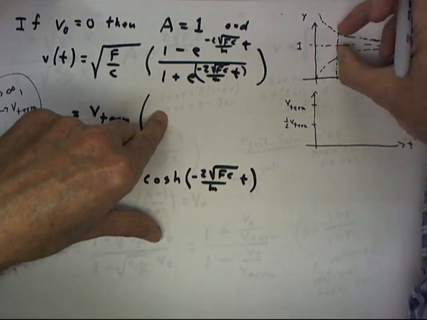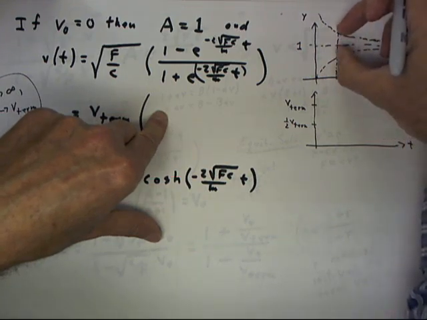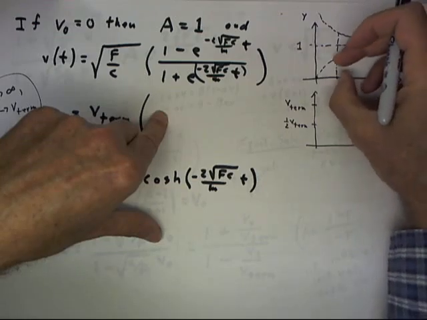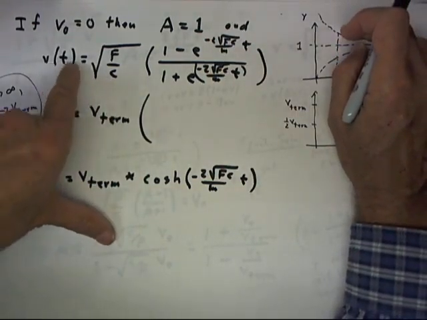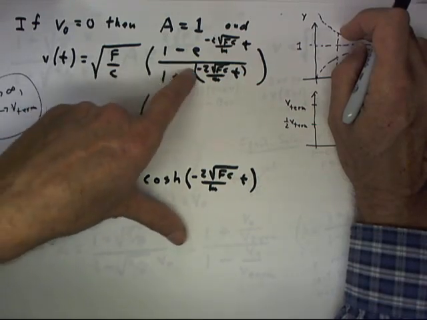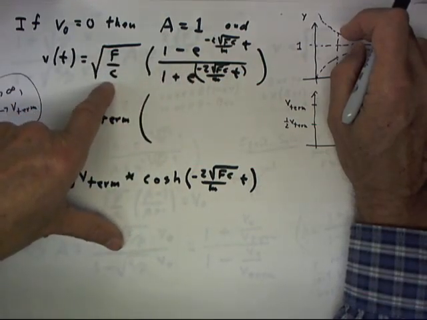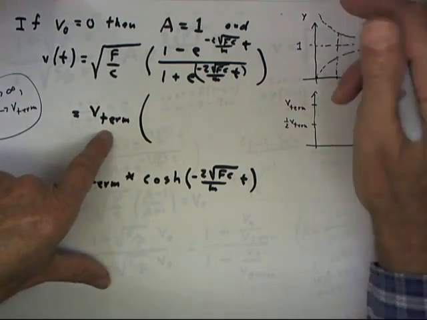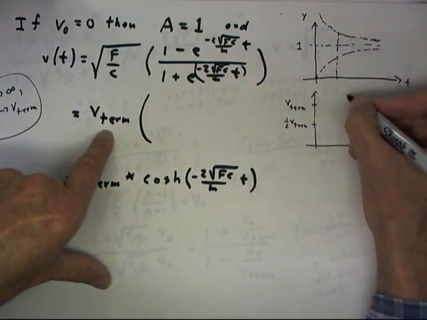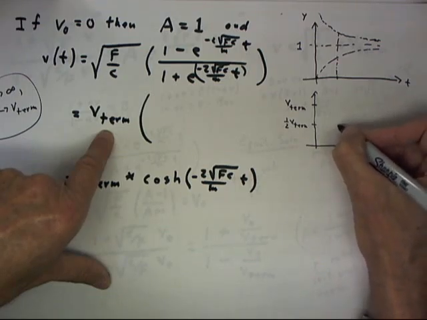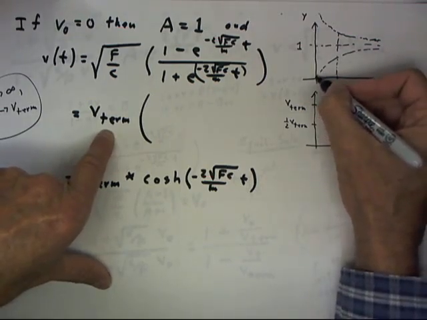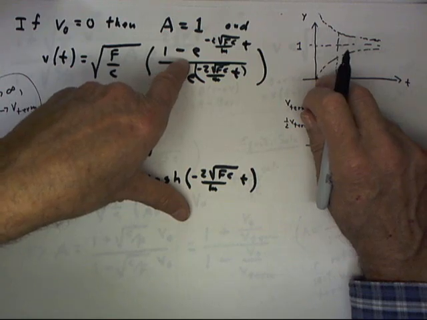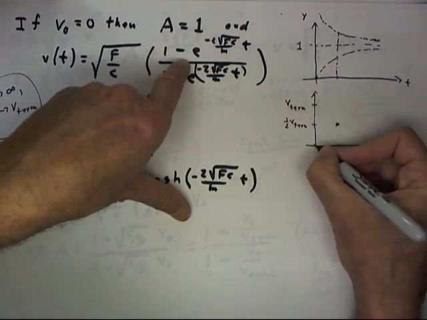That is, this distance is about half this distance, which means that this divided by this is about 1/2, and that's going to give us a velocity solution that's 1/2 of the square root of f over c, which we've seen to be the terminal velocity, so that at this value of t, we have this point on the graph. Now, of course, when t equals 0, this numerator function is 0, so we have this point.